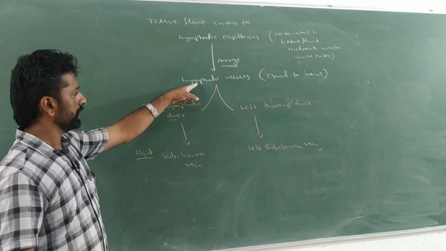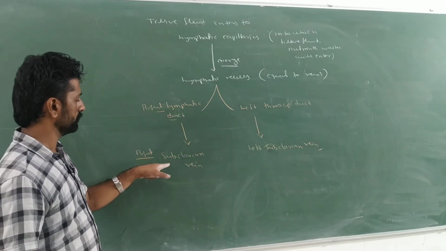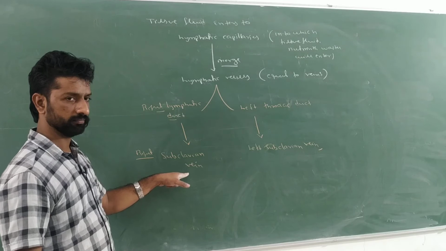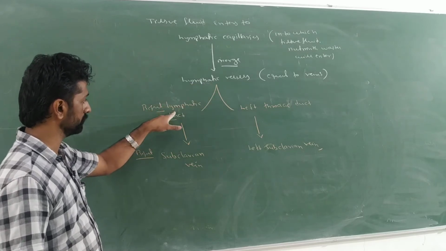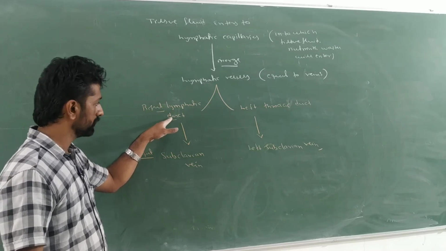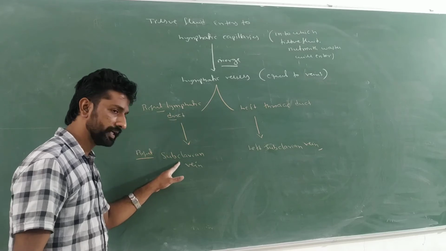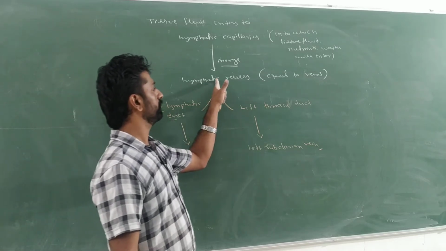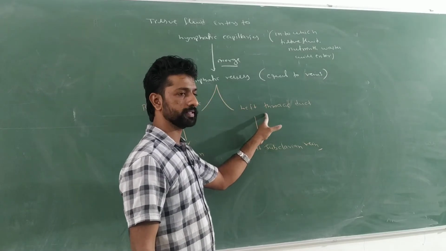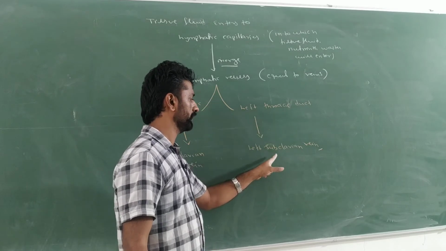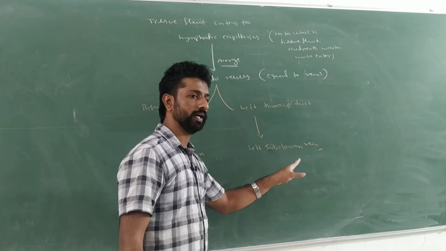The right lymphatic vessels first open into the right lymphatic duct, and that right lymphatic duct opens into the right subclavian vein. The left lymphatic vessels open into the left thoracic duct. The left thoracic duct opens into the left subclavian vein.